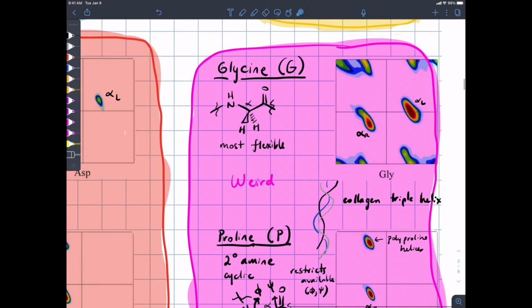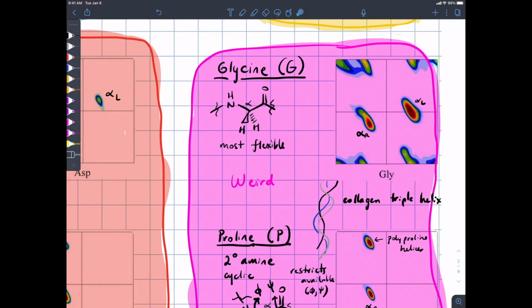Glycine is the easy one, and now with glycine, you don't have a side chain at all. That opens up the whole other side of the Ramachandran plot. So glycine is comfortable in both right and left-handed alpha helices. It's comfortable in beta strands and in polyproline helices. And in particular, if you need a left-handed alpha conformation, glycine's a good choice.